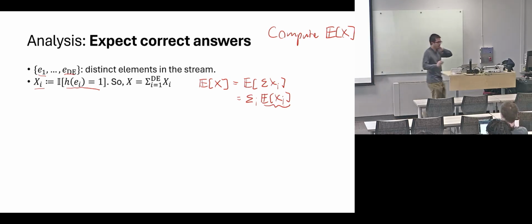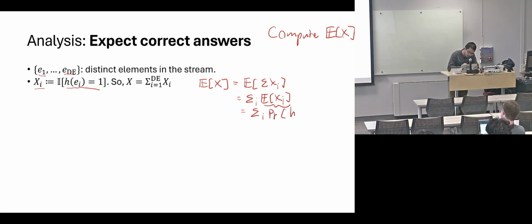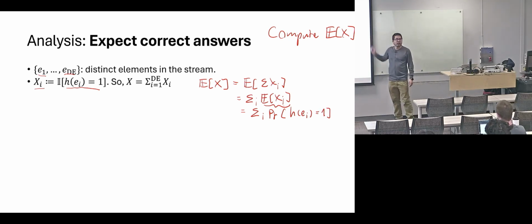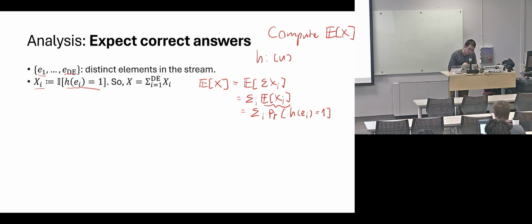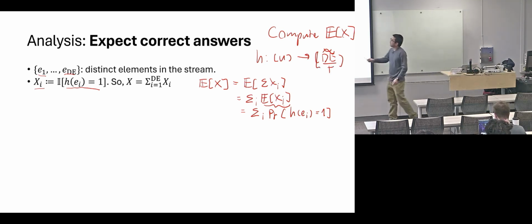This is the probability that h of Ei maps to 1, right? But what is this? The hash function maps from U to D-tilde over T, and h is like a random function right now. So what is this? Yeah, John. One over the array size, so T over D-tilde.